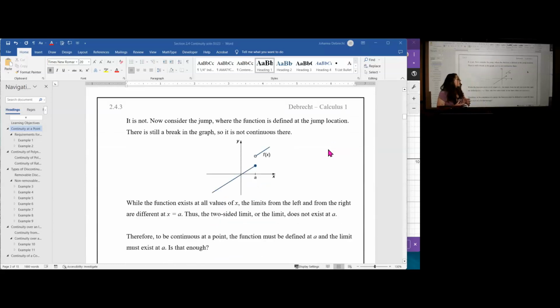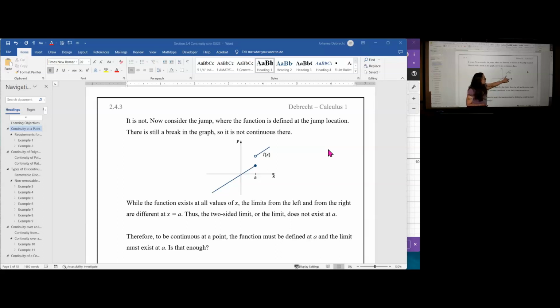Next, we take a look at a jump. We'll look at the jump and we'll notice that, in fact, this particular graph is defined at the point a on the left side. However, notice that it is not continuous. We can't draw this without picking up our pencil. So we have a problem here. And the problem is, it looks like the limit does not exist.